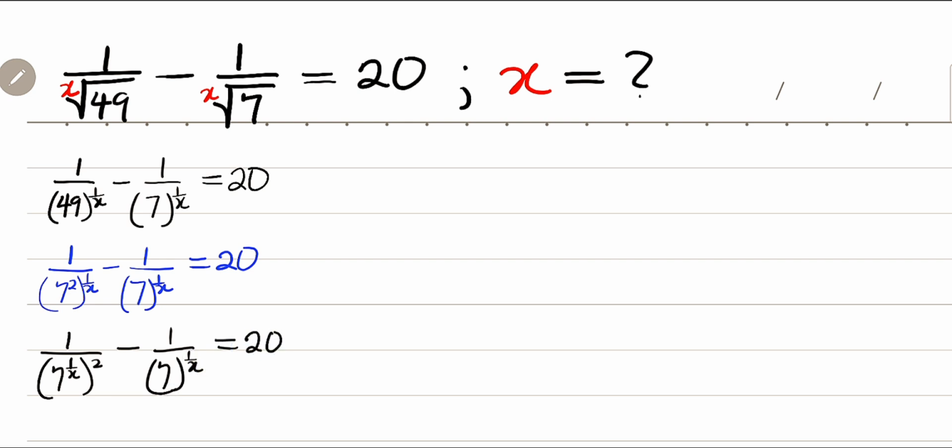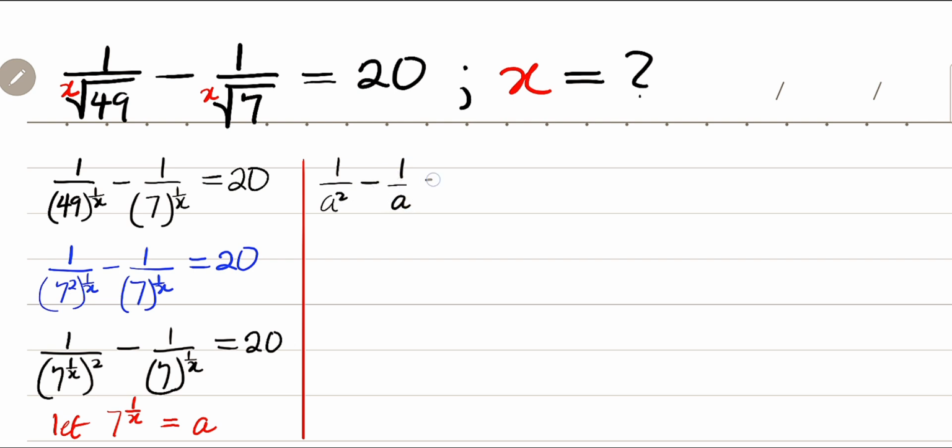So at this point, let's make 7 raised to 1 over x equal to, let's say, a. Okay, so we will then have 1 over a raised to 2, then minus 1 over a, all equals 20.